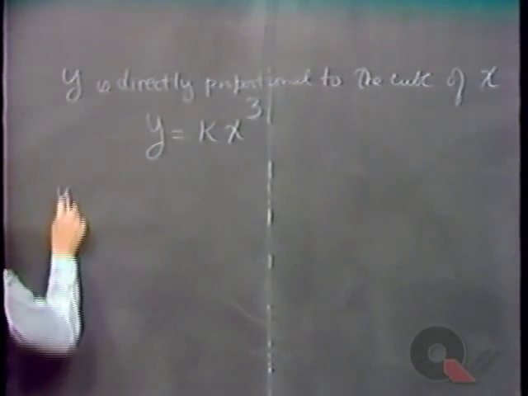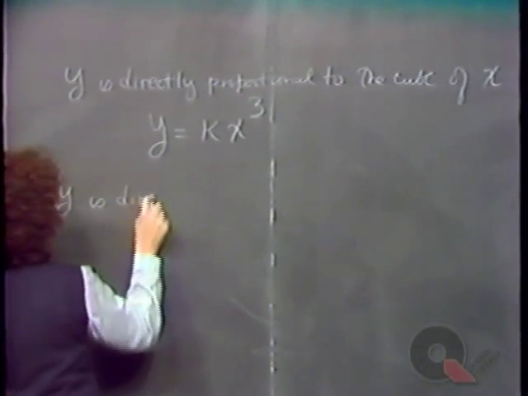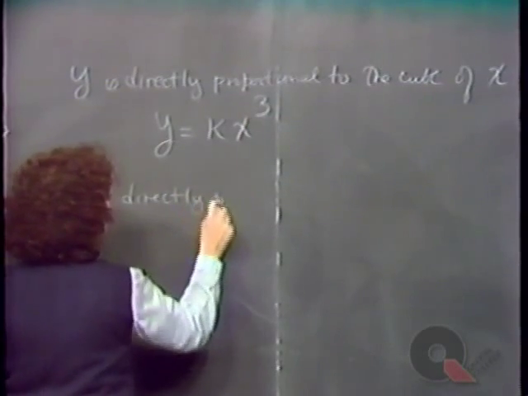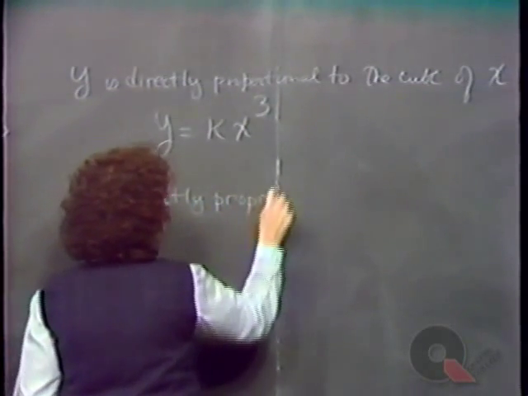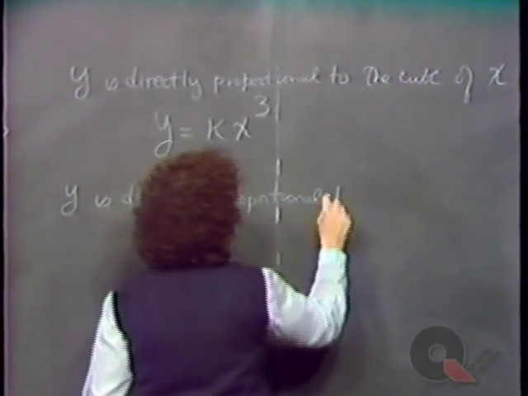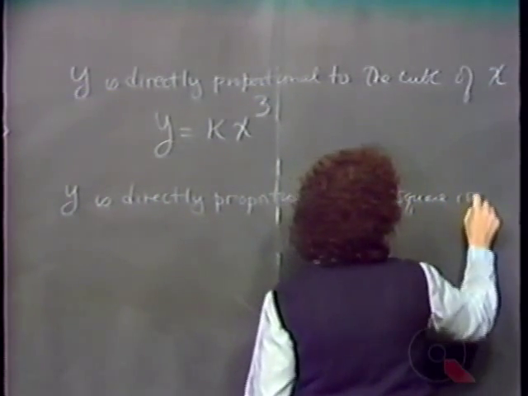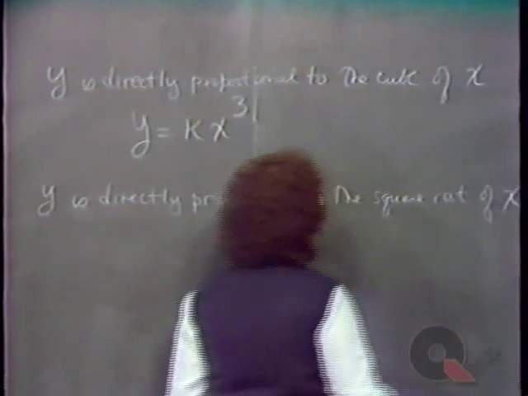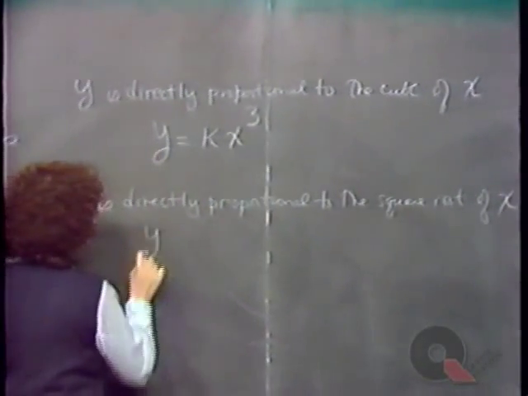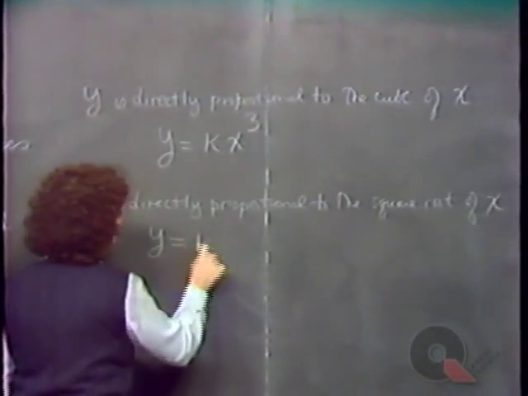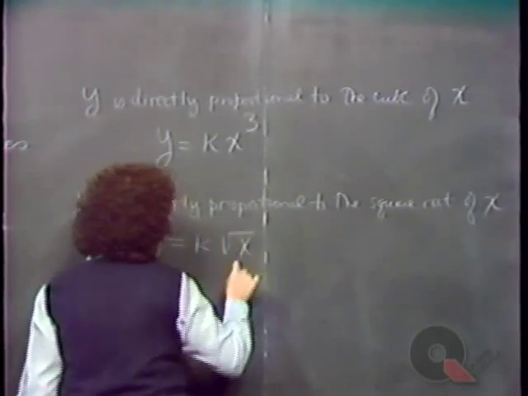We could write y is directly proportional to the square root of x in the following way: y is k times the square root of x.